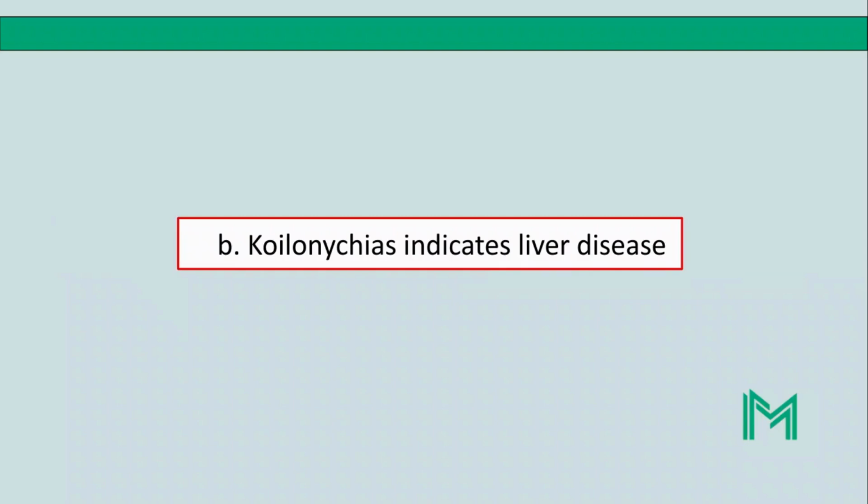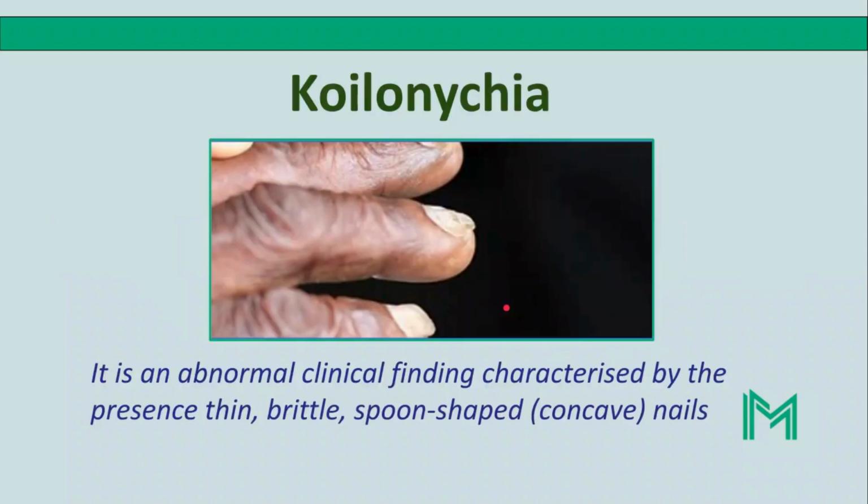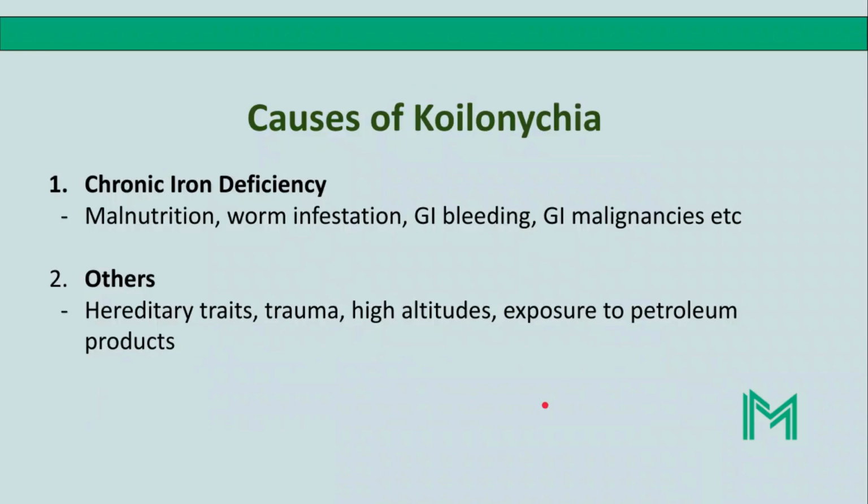It says that koilonychia indicates liver disease. What is koilonychia? Koilonychia is a clinical finding where the nails are brittle, thin, and spoon-shaped or concave. It's commonly caused by iron deficiency.